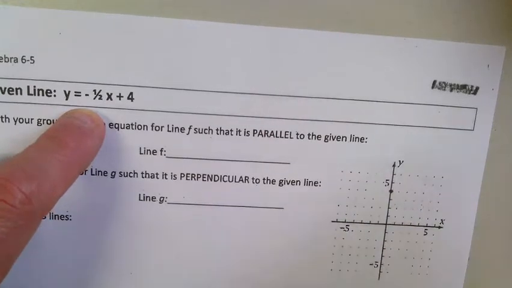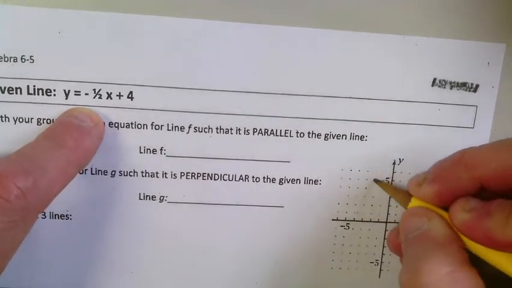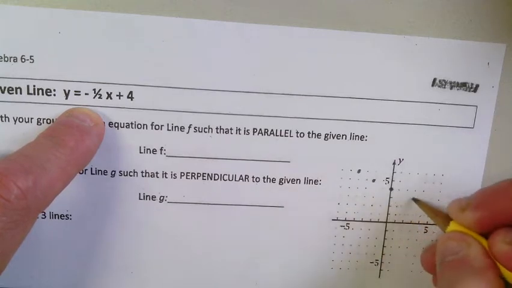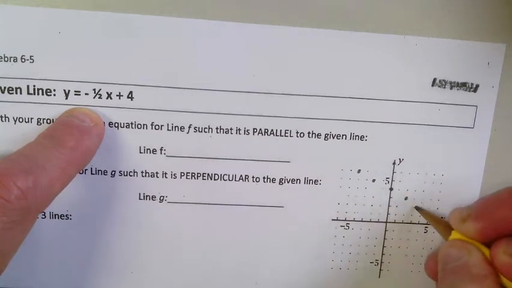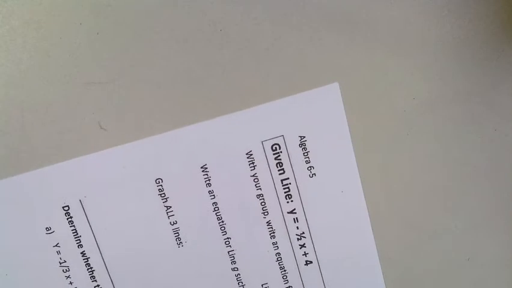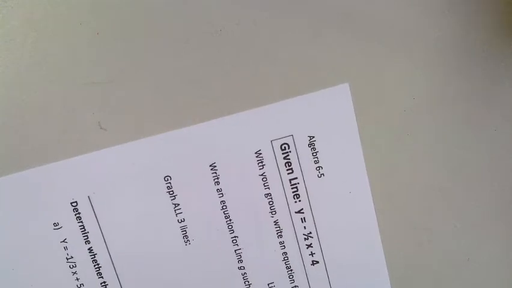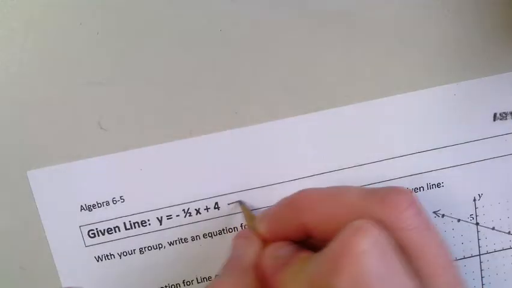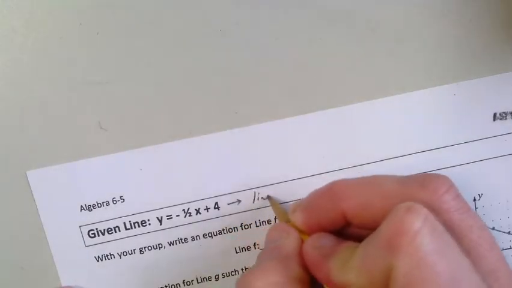So I can either do +1, -2, or I can do -1, +2. This is a -1/2 slope. Okay, so if I graph that out, that is the line y equals -1/2 x plus 4. I'm going to put that's line F.